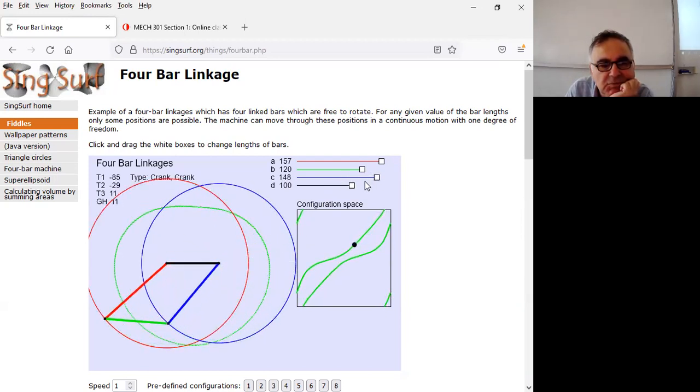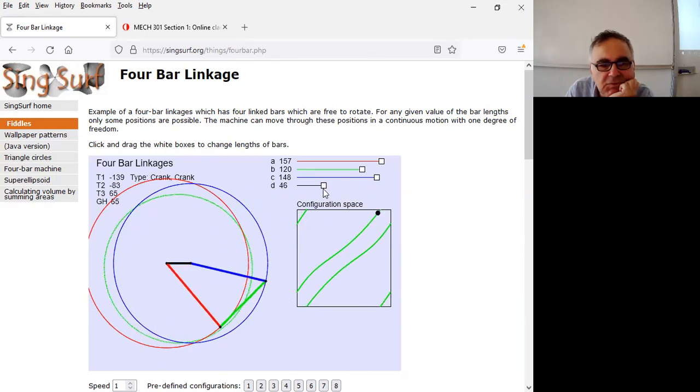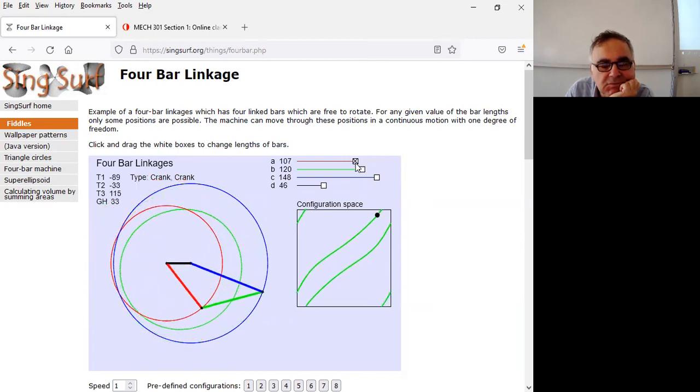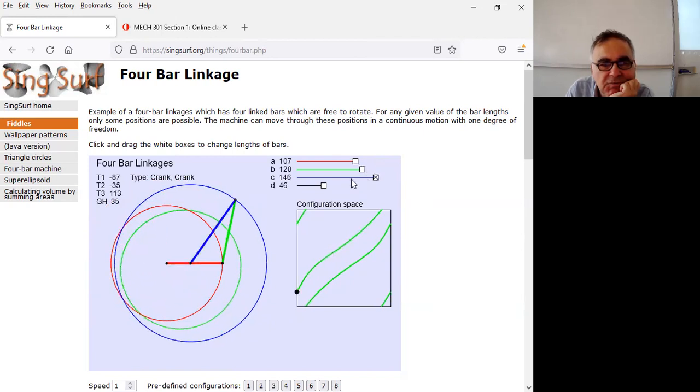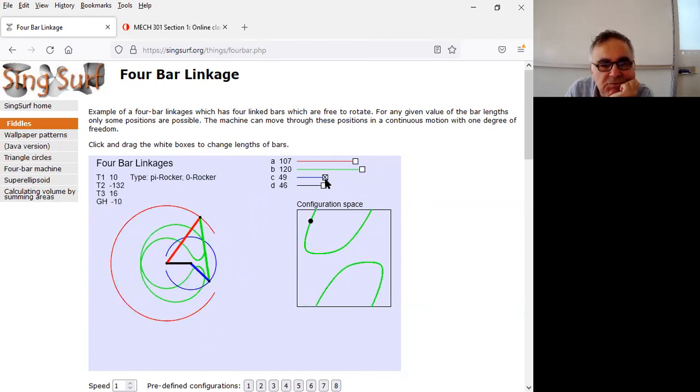For example, now it has become a double crank mechanism, as you see. I can even make it smaller. I have grounded the shortest link, as you see. This is a double crank. If I make this shorter, for example, it will be a double rocker mechanism, as you see.